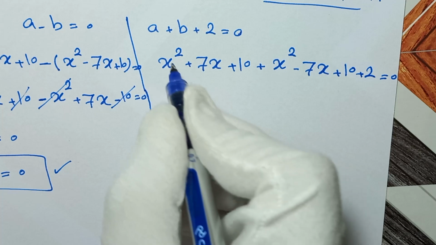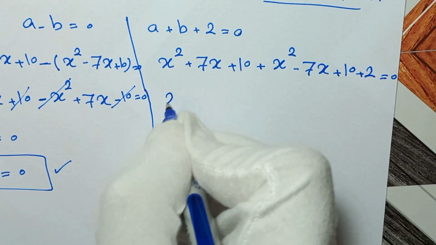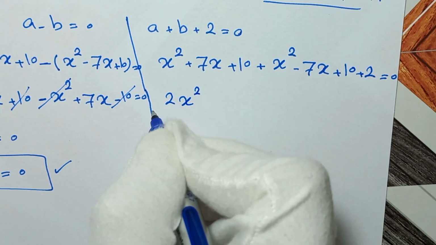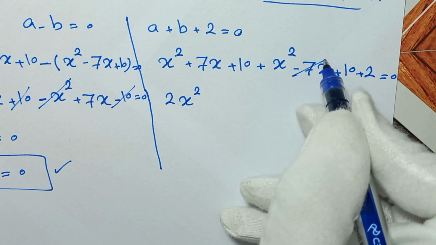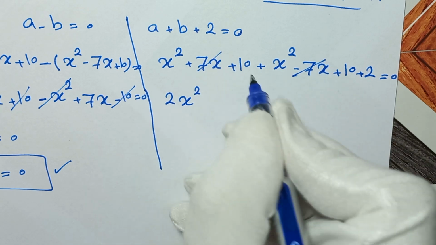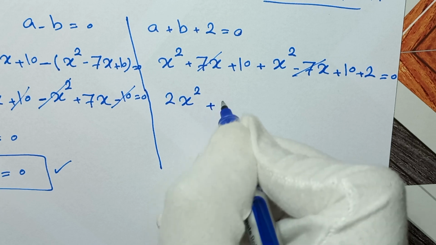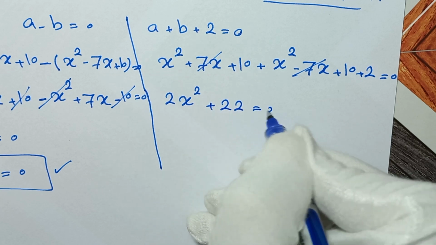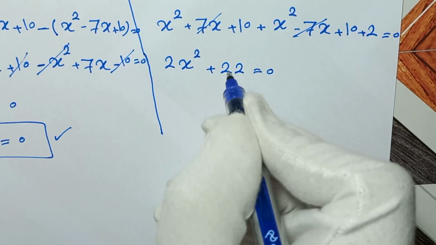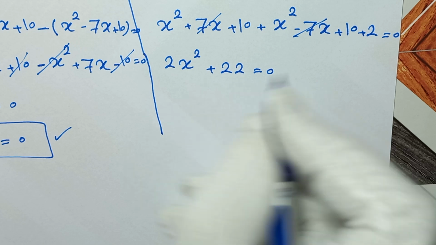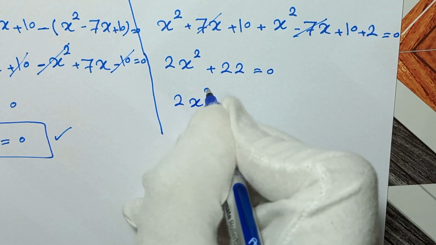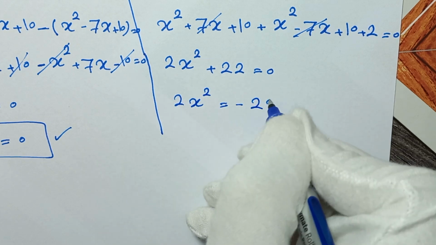And it will be x squared plus x squared is 2x squared, and 7x minus 7x will cancel, and 10 plus 10 is 20, and plus 2 it will be 22 equals 0. And we take this 22 to this side, and it will be 2x squared equals negative 22.